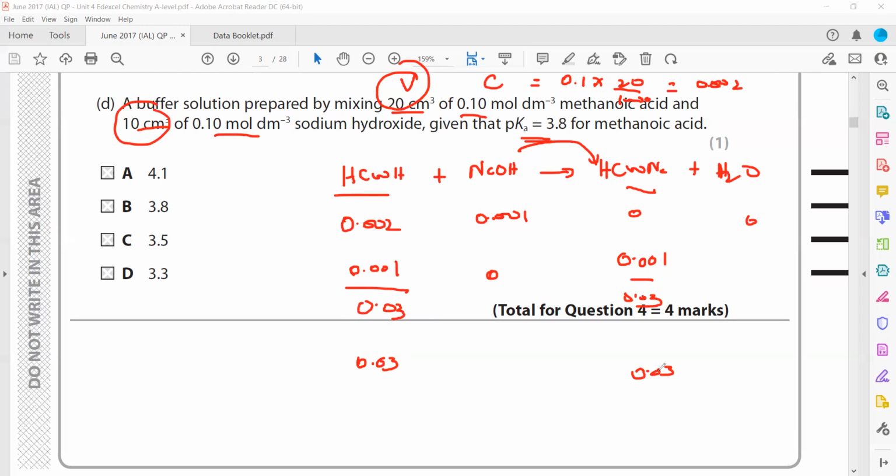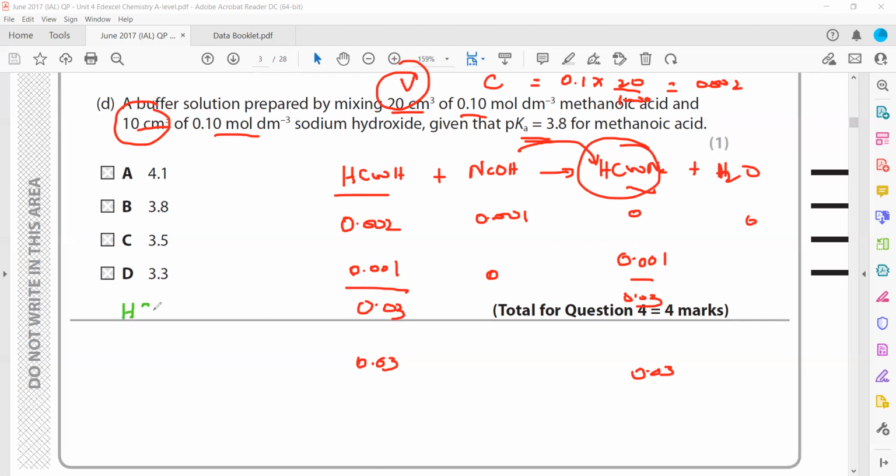So the concentration of the formate ion will be the same as the concentration of the salt, because all the HCOO- is coming from the salt; the salt will dissociate. But the HCOOH will not dissociate much, as it is a weak acid.